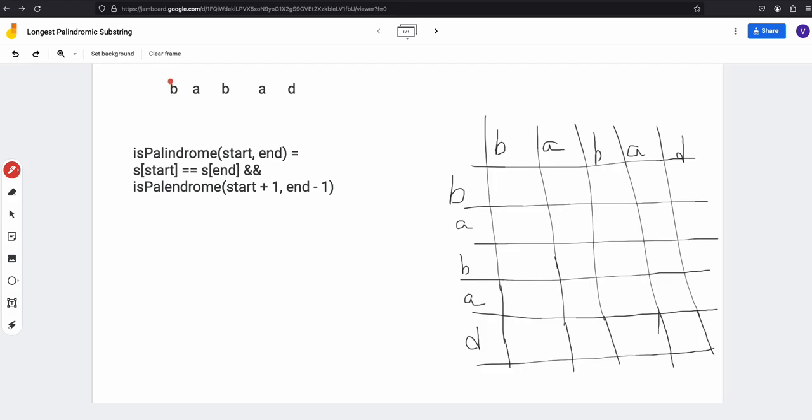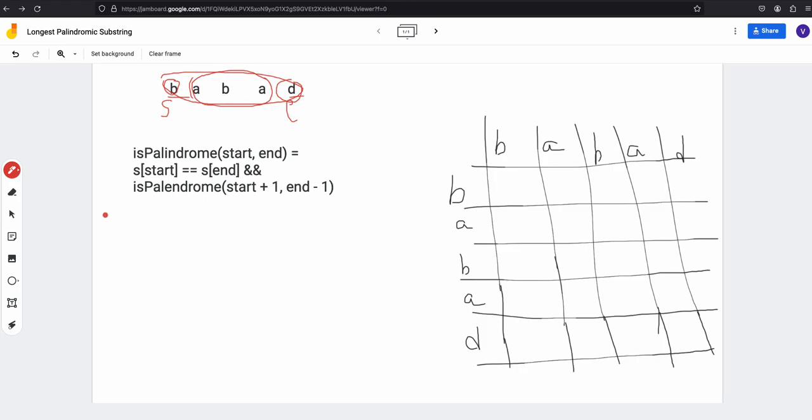Let's consider a start and an end. It is a palindrome when the character at the start index is the same as the character at the end index, and the substring from the start plus 1th index to the end minus 1th index is also a palindrome.